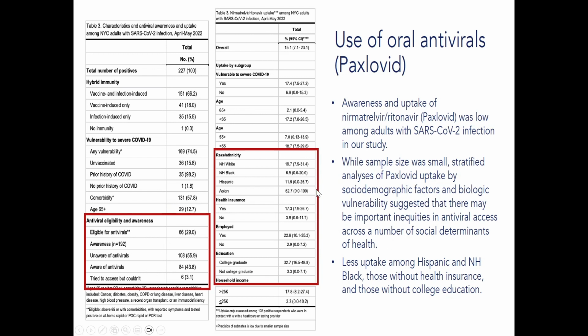Even though the sample size is a little small, they were still able to establish who was more vulnerable to very low antiviral uptake. People of Hispanic and non-Hispanic Black race and ethnicity, those without health insurance, and those without college education had significantly lower antiviral uptake.